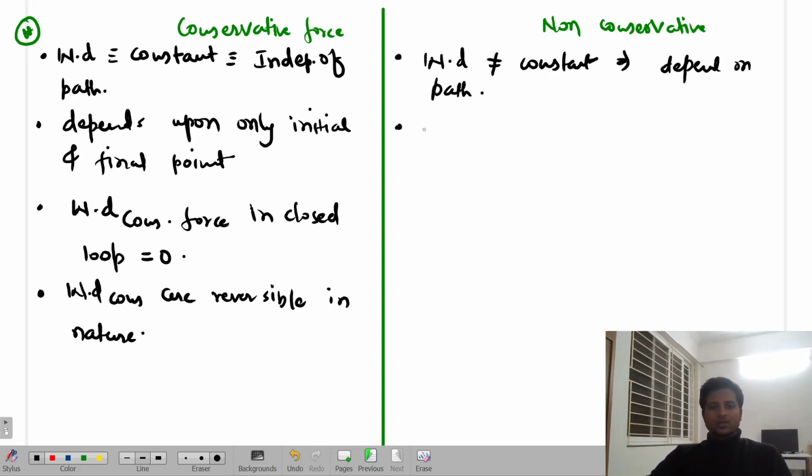Second point, it does not depend upon initial and final point. Means for different paths, different frictional force will be there.